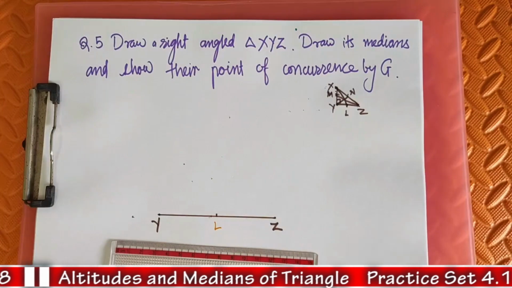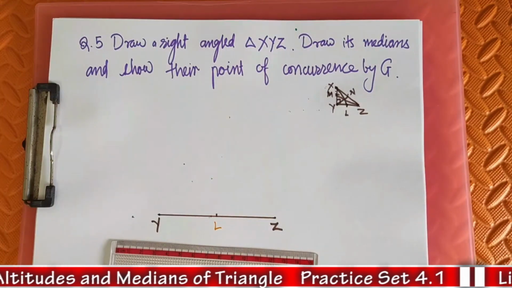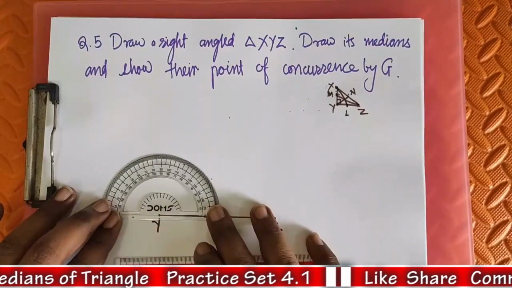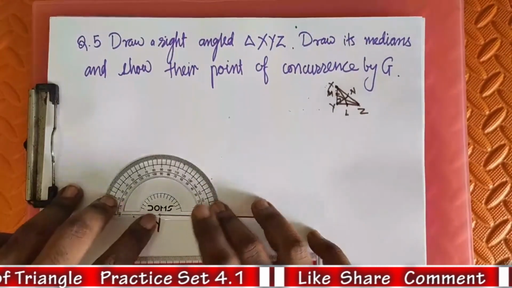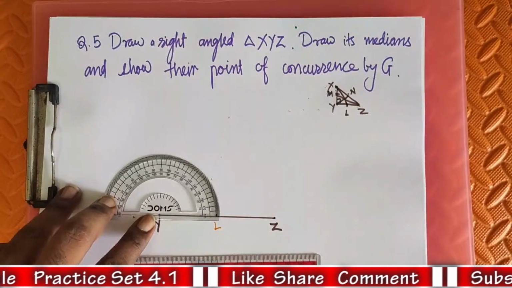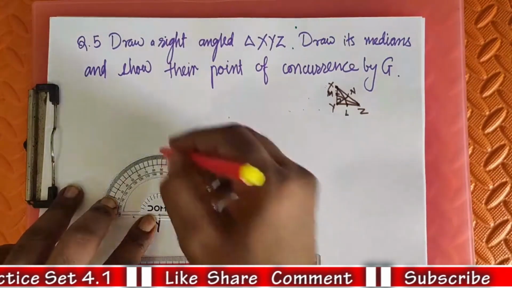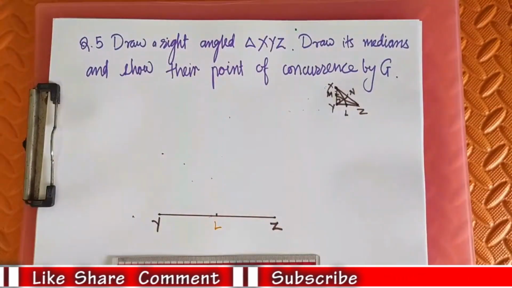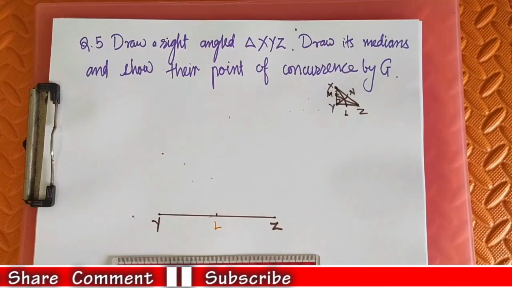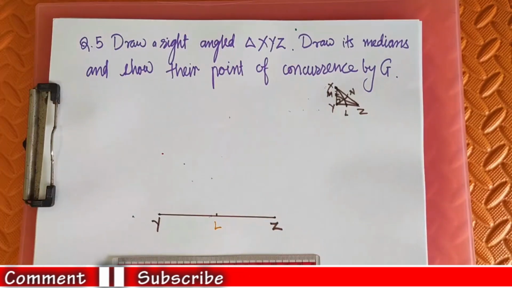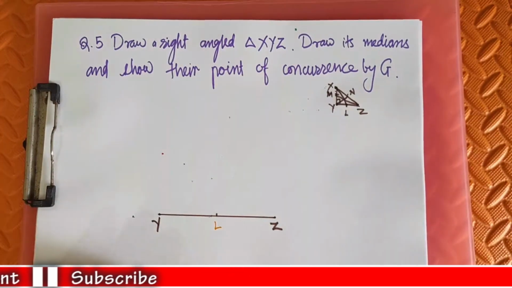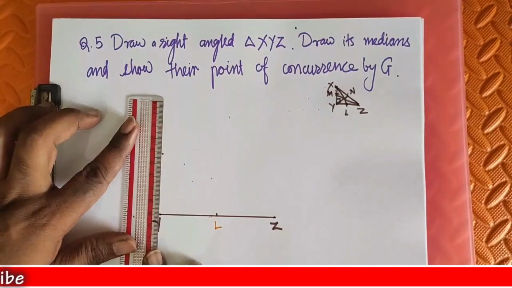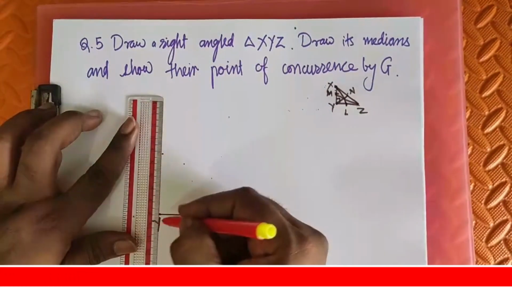Before that, taking measurement, you have to take protractor, keep it on point Y, take a point at 90 degree, and then you will take this point and point Y into consideration.